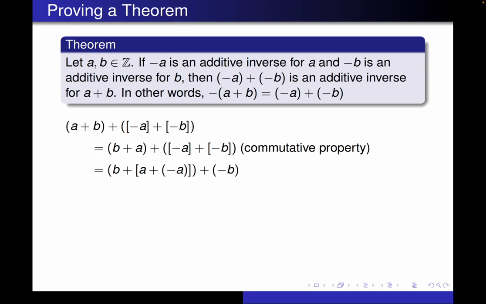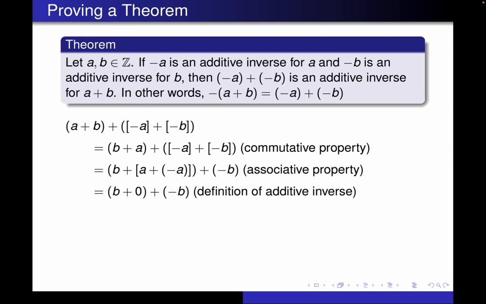And I can rearrange those parentheses because of the associative property. Now we're in a really nice position because negative a is the additive inverse of a. So a plus negative a is equal to 0. Again, that's by the definition of additive inverse.